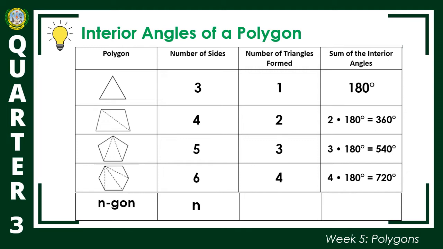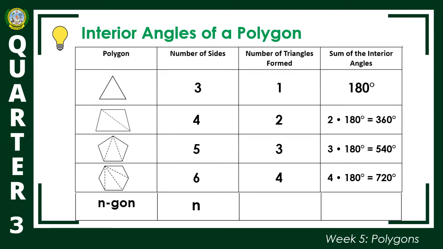previous values. If we have 3 sides, that is just 1 triangle. So, 4 sides, 2 triangles, 5 sides, 3 triangles, 6 sides, 4 triangles. Notice that it is always reduced by two. Okay? 3 minus 2 is 1, 4 minus 2 is 2, 5 minus 2 is 3, and 6 minus 2 is 4.